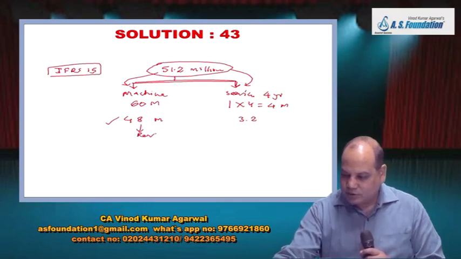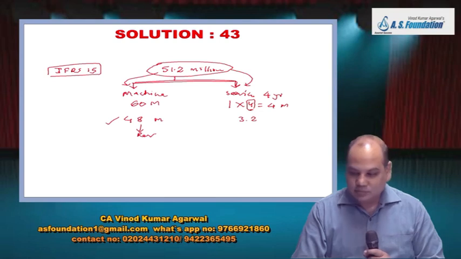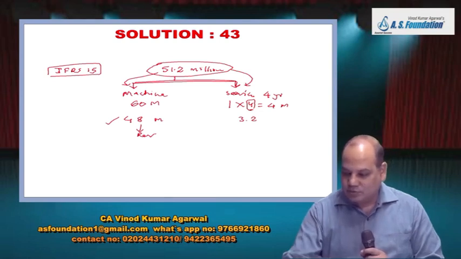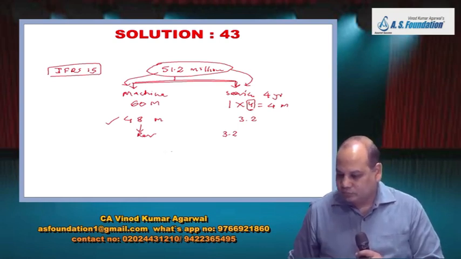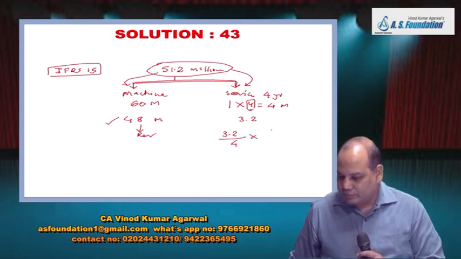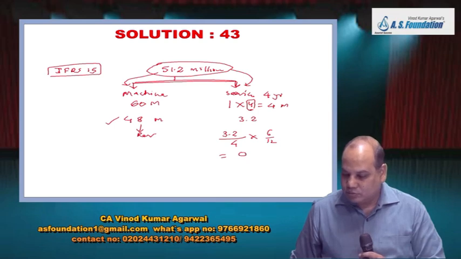And out of this 4 year of service to be rendered, 6 months service we have rendered. So 3.2 divided by 4 into 6 by 12. How much revenue should be recognized for service? 0.4. That's it.